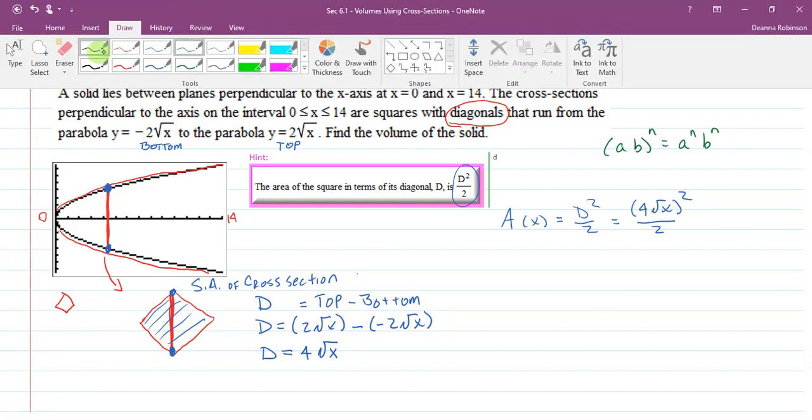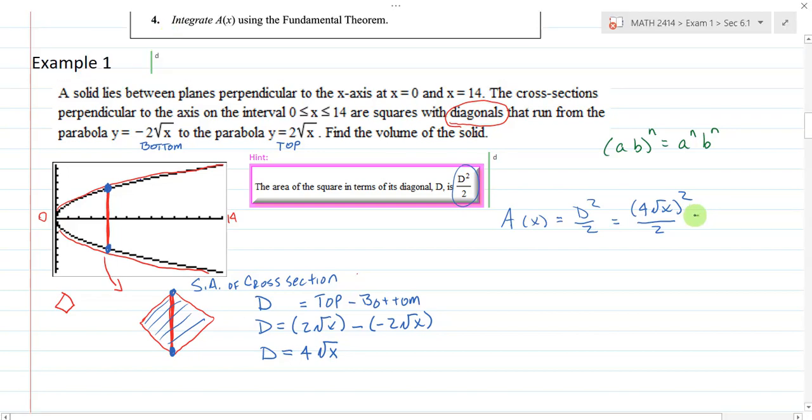So that means that our cross-sectional area is going to be equal to square the 4 and you get 16, square the square root of x and you get x, all over 2, and when I simplify that, that's going to give us 8x. So this is that cross-sectional area.